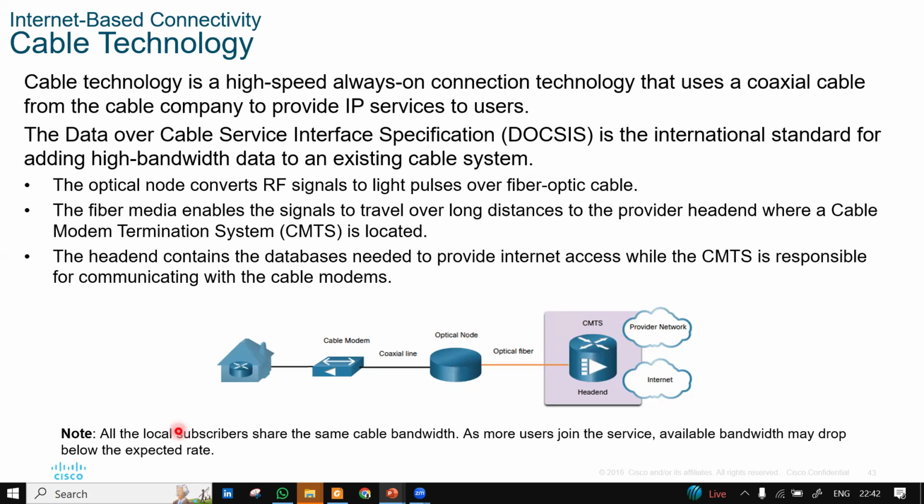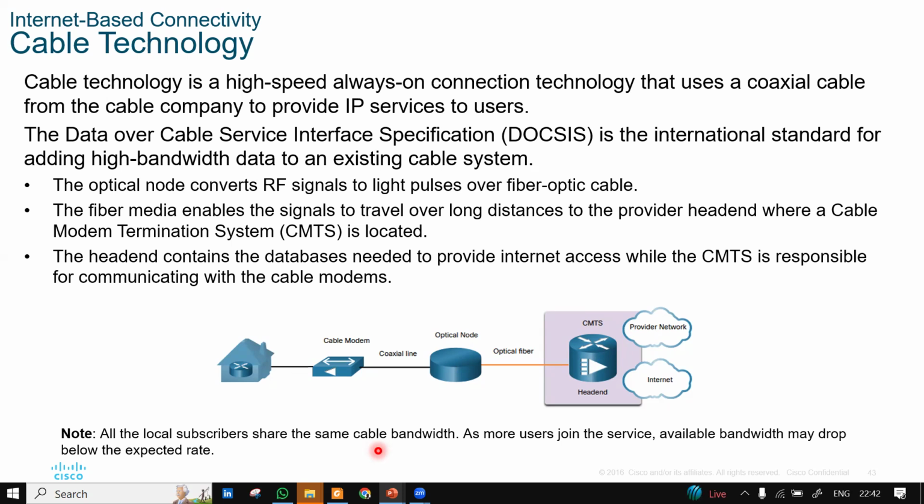All the local subscribers share the same cable bandwidth. As more users join the service, available bandwidth may drop. I think that is a very important thing to highlight. Another difference between DSL and coaxial cable: with DSL, we had multiplexing, right? It means every line, every link is dedicated to a customer.